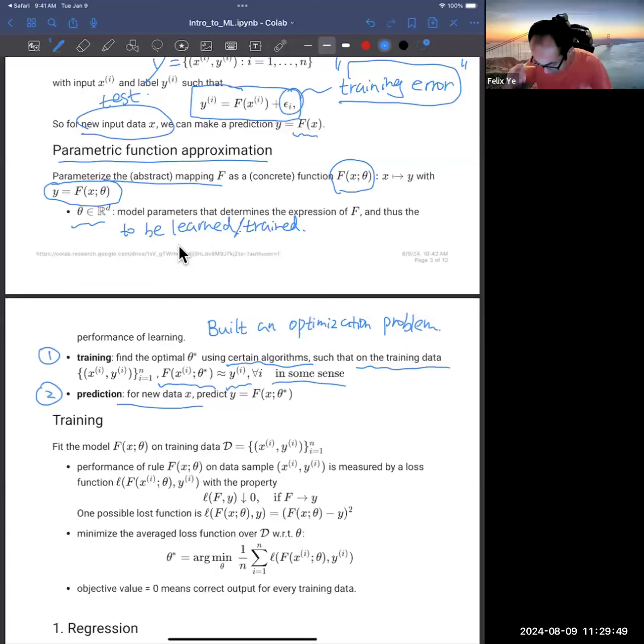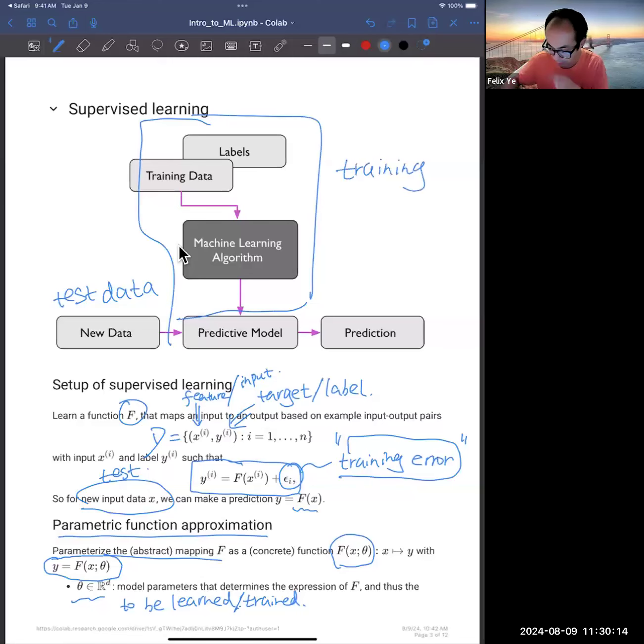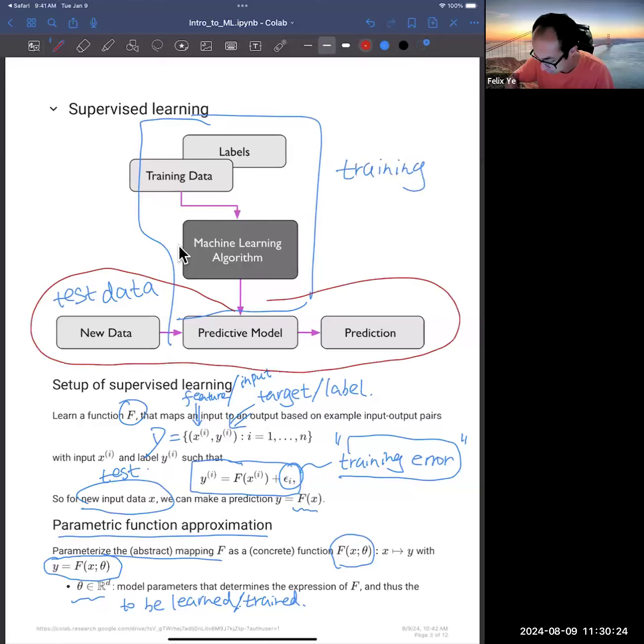And for the predictions, this is very important. Once we find the best theta star, and then we have a new data, then we can make the predictions for that. So this is basically prediction. You can think about right here is the training, and right here is the prediction.